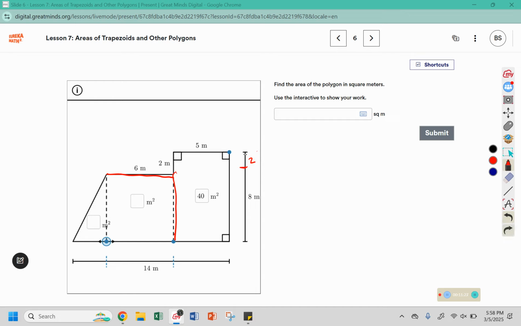So if the 2 takes up part of it, the rest of it has to be 6 in order for it to add up to 8. So this has a base of 6 and a height of 6. Base times height, 6 times 6 is 36.